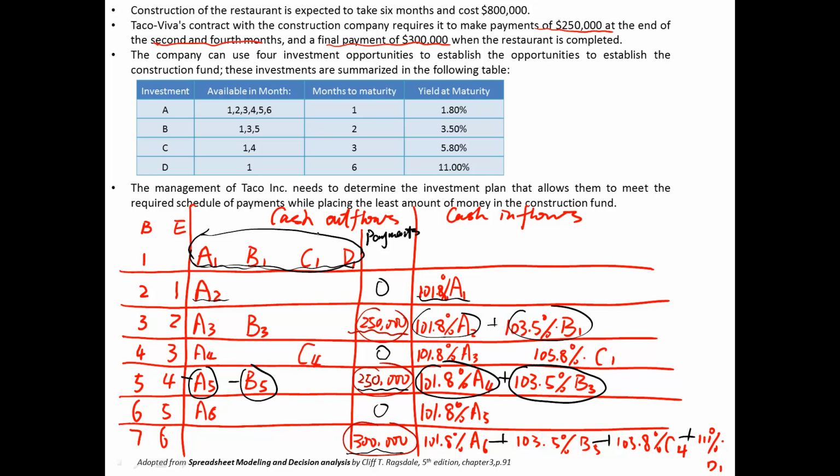So when we say we're trying to minimize investment in those investment options to meet those payment requirements, we're really talking about these 4. Okay, because one mistake people tend to make is when they write the objective function, they put minimize the sum of all of those investments because they view those as cash outflows. So they want to minimize the total investments. But in doing that, you're double counting, because the money is still out of pocket.